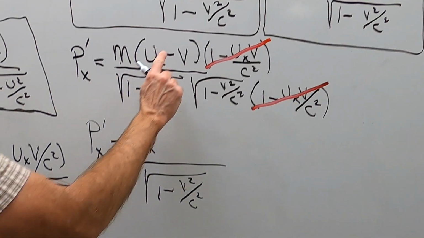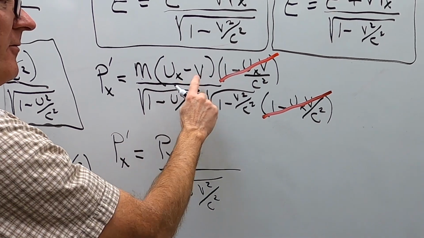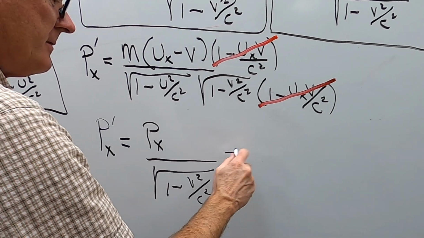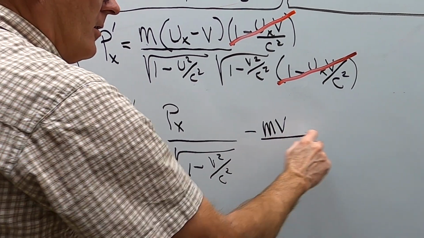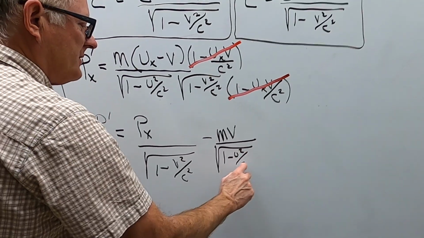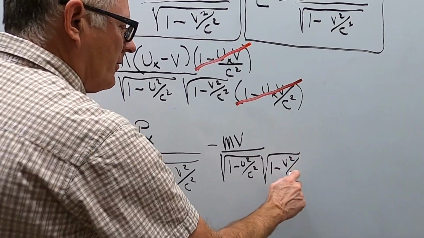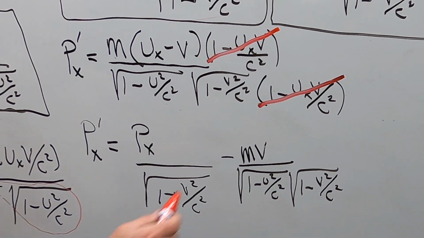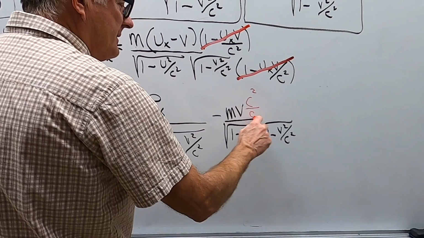And then we get minus mv, I guess we'll just write it like this, minus mv all over the square root of 1 minus u squared over c squared, square root of 1 minus v squared over c squared. Except I think what I'm going to do here is put a c squared over a c squared.